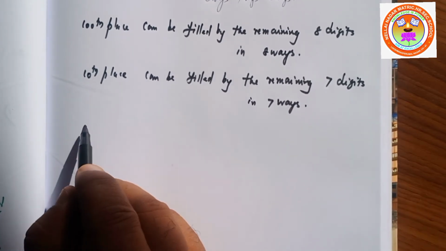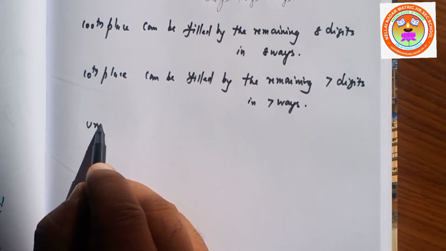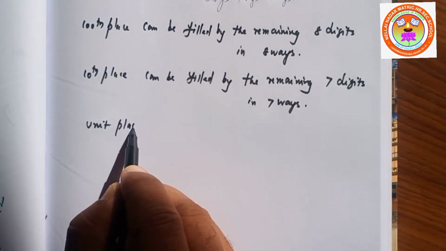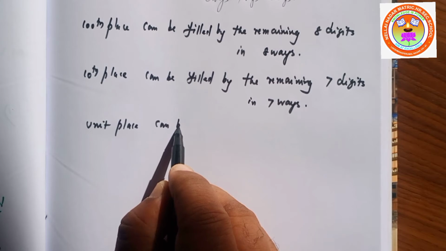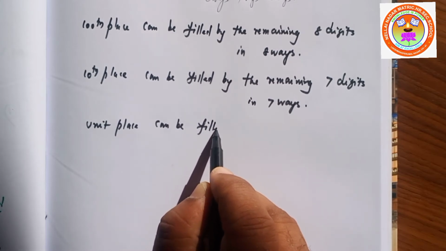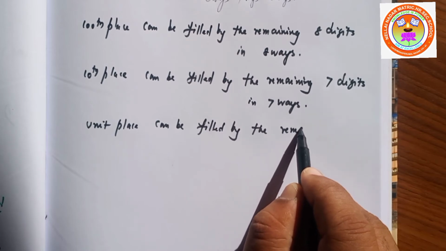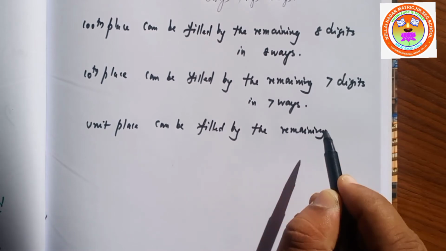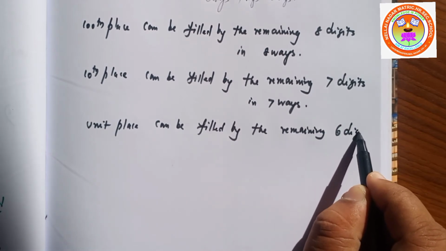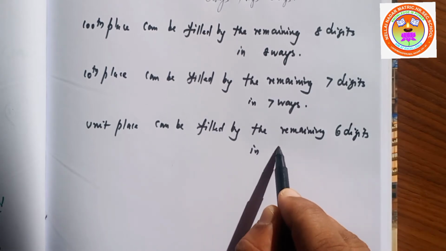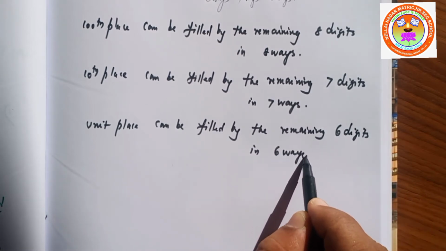Finally, the unit place can be filled by the remaining 6 digits in 6 ways.